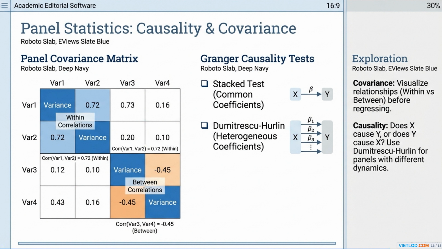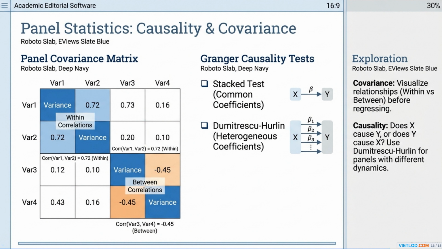This slide introduces crucial aspects of panel data analysis, understanding covariance, and testing for causality. The panel covariance matrix on the left visualizes relationships, distinguishing between within correlations and between correlations, as well as individual variances. This helps us see how variables covary both within each panel unit and across different panel units.